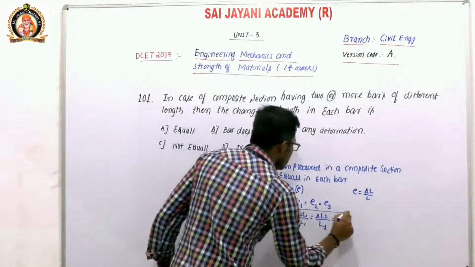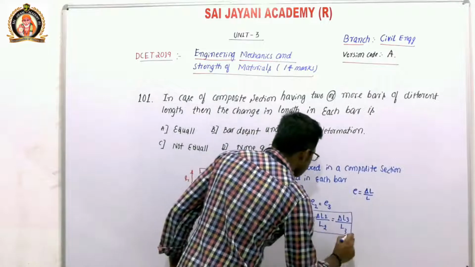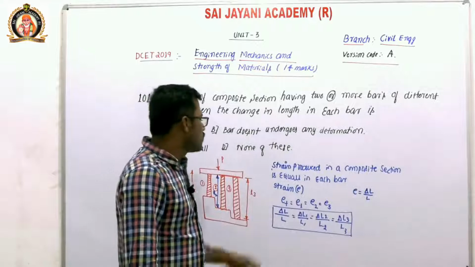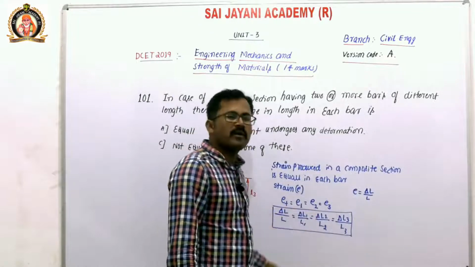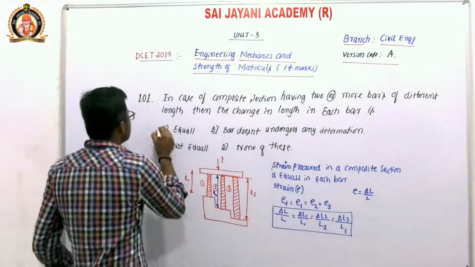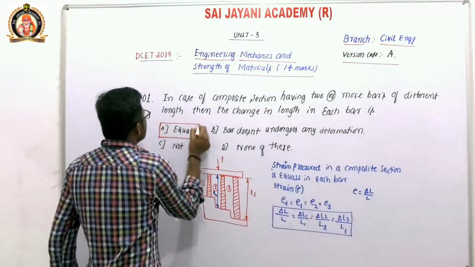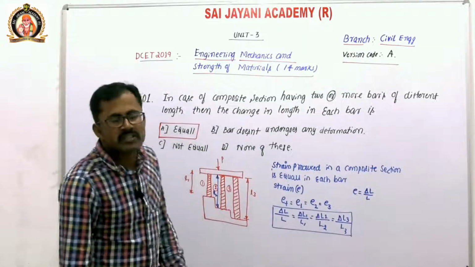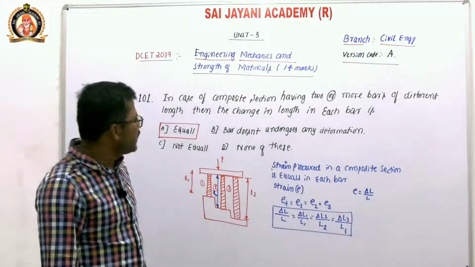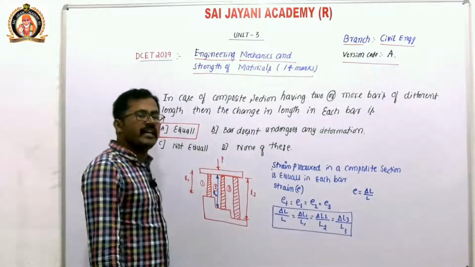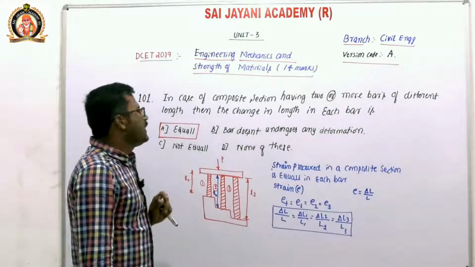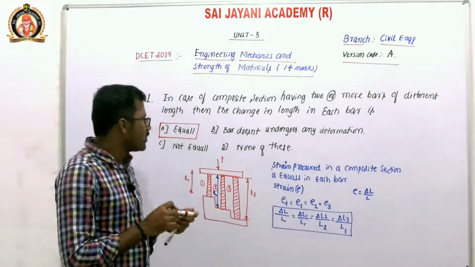So from this equation we can say that the strain produced in each bar is same, so the deformation produced in each bar is also same. So the right answer is equal. Option A, equal. So in case of composite section having two or more bars of different length, then the change in length in each bar is equal. So option A, equal, is the right answer.